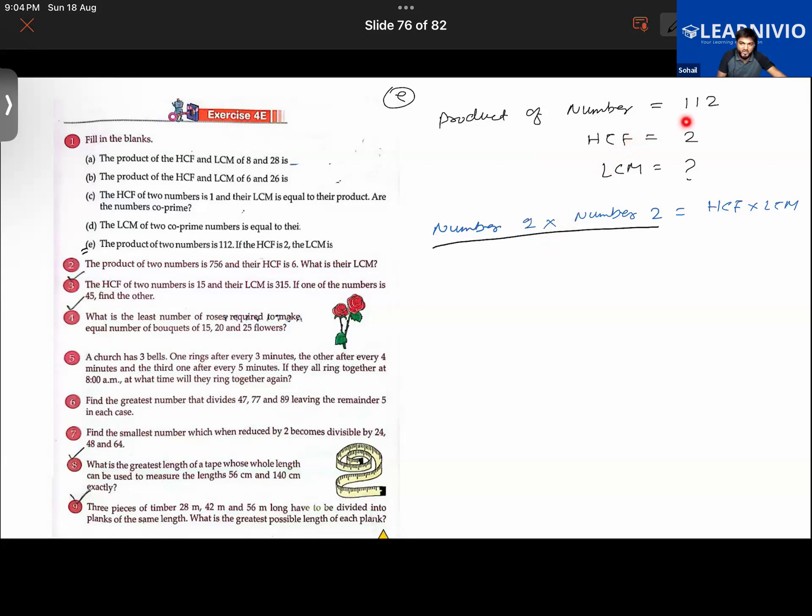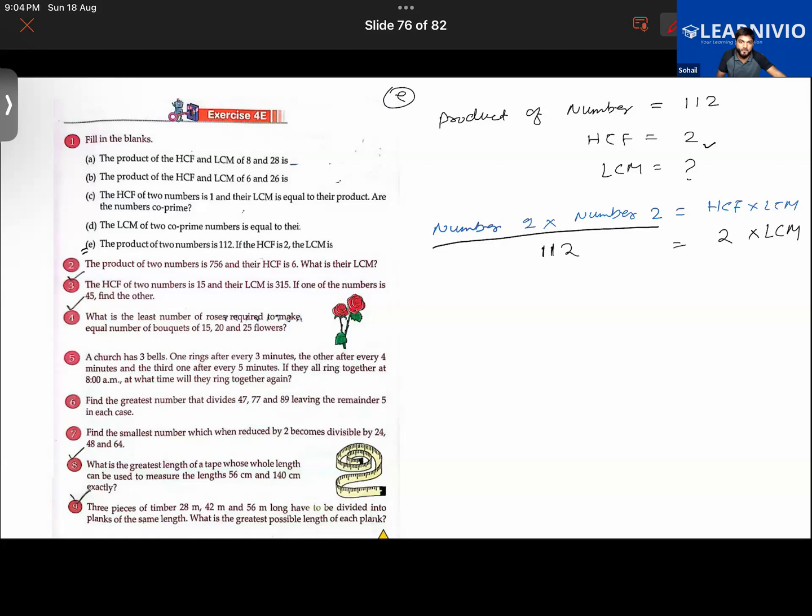The product of the numbers provided in the question is 112. The HCF provided in the question is 2. You have to find the LCM. Getting it so far?